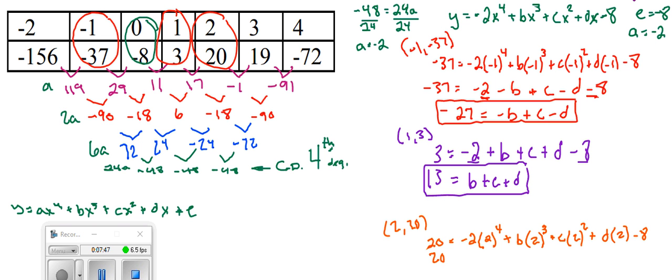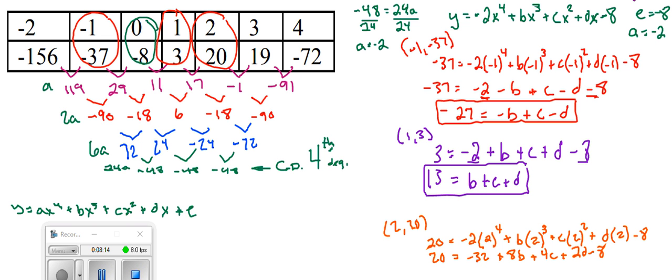Now we gotta simplify. 20 is equal to, this makes negative 32. 2 to the third power, 2 times 2 is 4, times 2 is 8, plus 8b, plus 4c, plus 2d, minus 8.